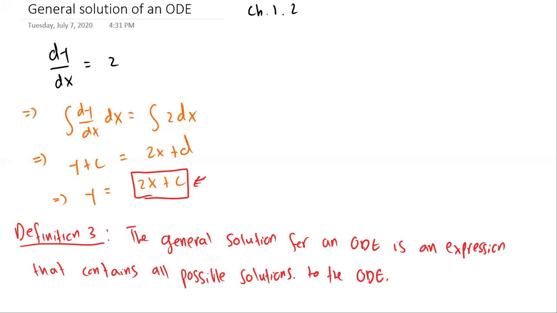So now, every time I say find the general solution for a differential equation, I want an expression like this, something that contains all possible solutions to the differential equation. And again, the fact that we're finding these solutions by integrating guarantees us that what we're left with is the general solution.